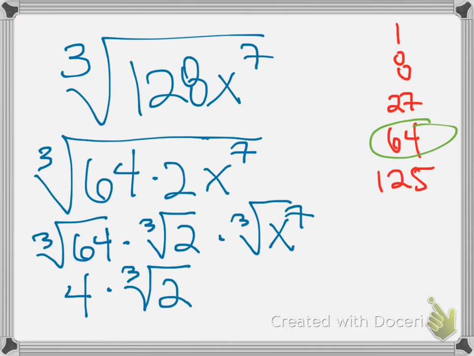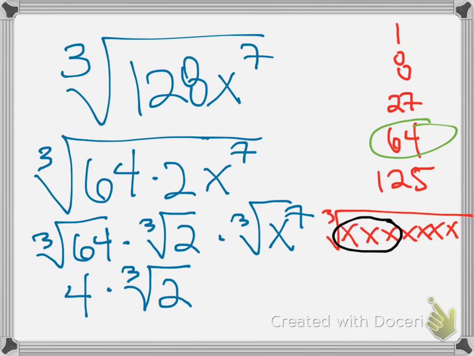if you think about it, you could rewrite this with 7 little x's under here. 2, 3, 4, 5, 6. Oh, we're going to fit. There we go. So this is the cube root of x to the 7th. What we want to do is see how many times we can pull out 3 x's to take a cube root of x.